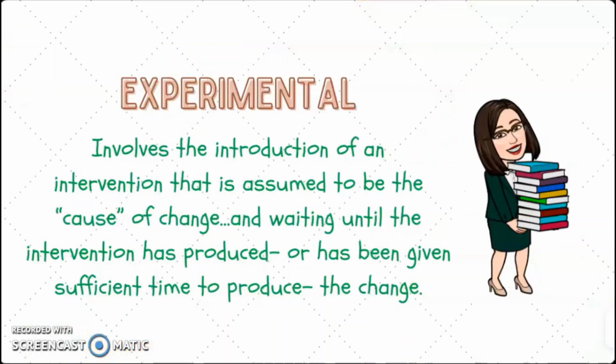For the experimental study design, it involves the introduction of, we have another big word once more, an intervention that is assumed to be the cause of change. It also involves waiting until the intervention has been given sufficient time to produce the change. This could be reminiscent of before and after as well, right?